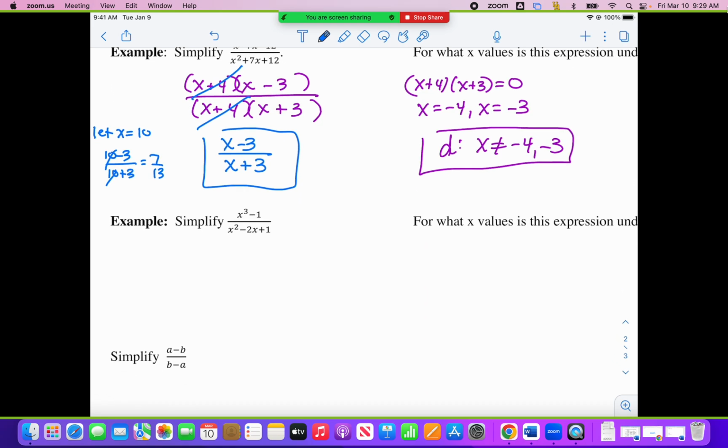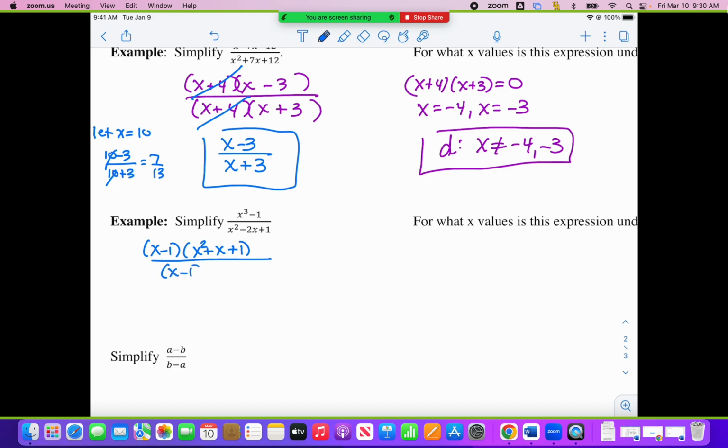Ooh, I hope I fixed, oh, I didn't fix it. Did I fix it on yours? Do you have a plus down here? It's supposed to be a plus, because otherwise you're probably sitting there going, this isn't doing anything. So this would be x minus 1 times x squared plus x plus 1.